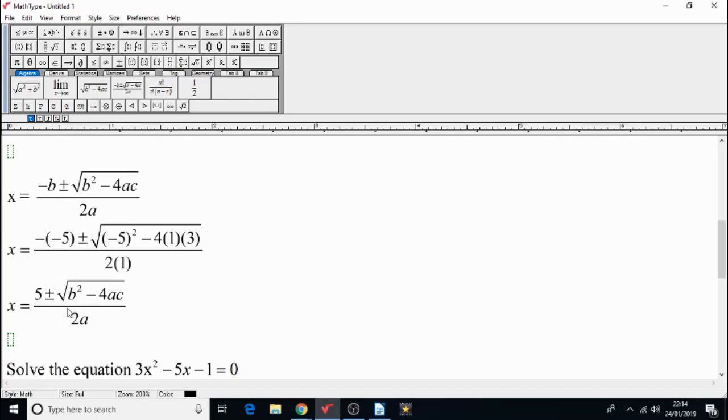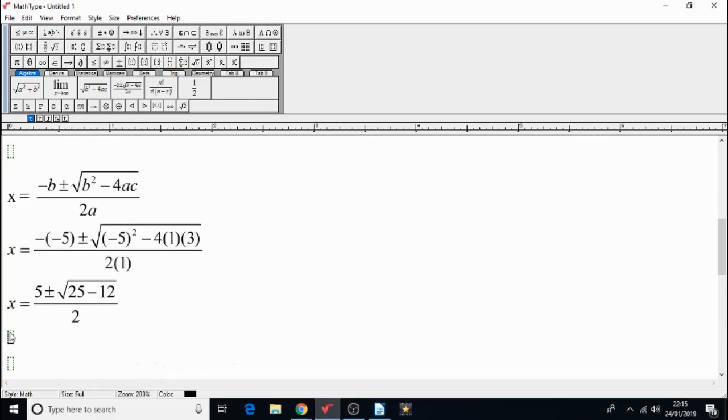That's minus 5 multiplied by minus 5, which is the same as writing 25, minus 4ac. So minus 4 multiplied by 1 multiplied by 3, that is minus 12. And 2a, that's 2 multiplied by 1, so that is just 2. So now x is equal to that.